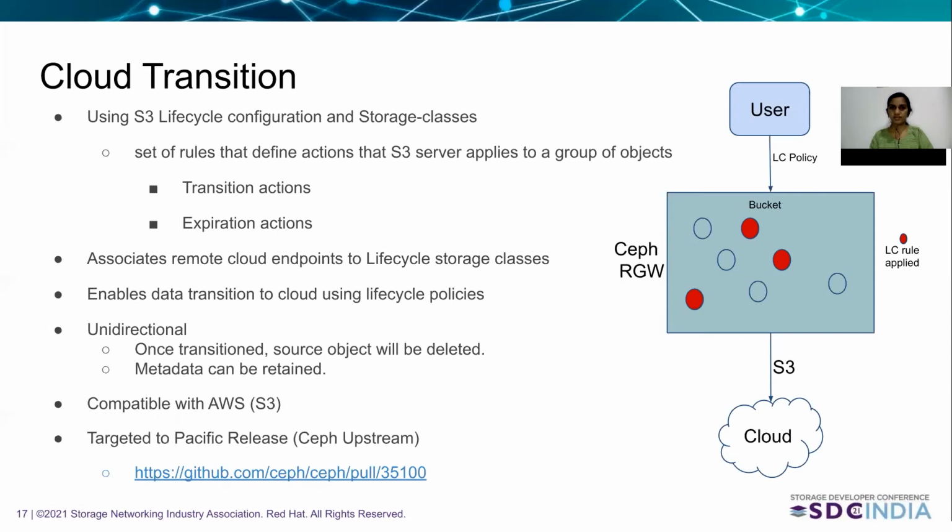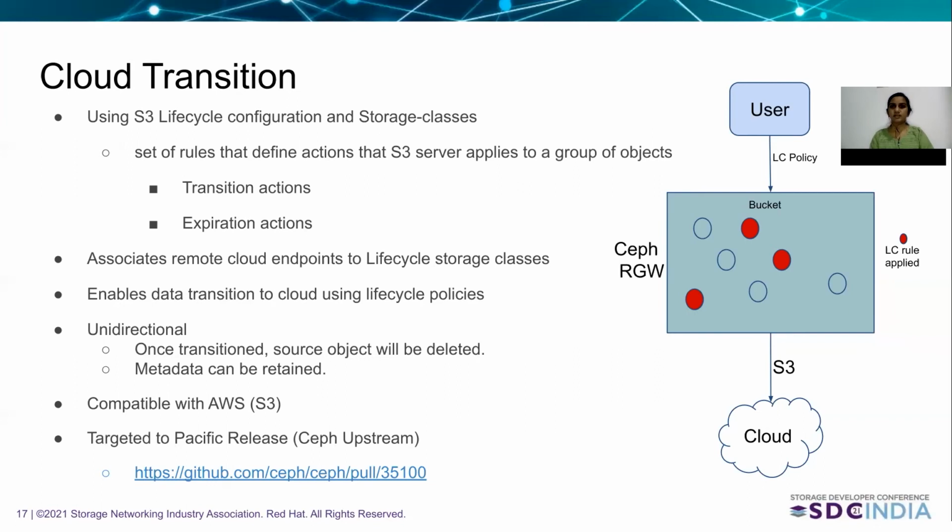For those who are not aware, S3 lifecycle configuration provides a set of rules using which an S3 user can migrate objects from one storage class to another storage class. Also, another action one can define is to expire the object and delete it after a certain period using the same lifecycle configuration rules.